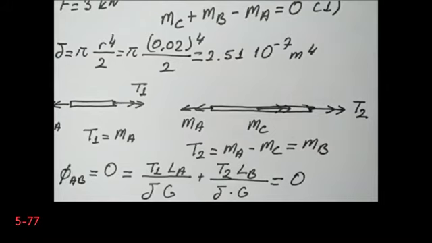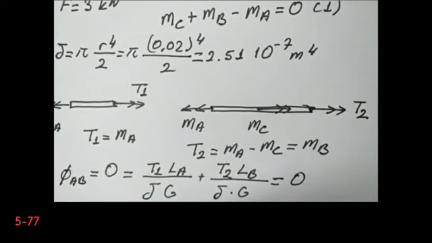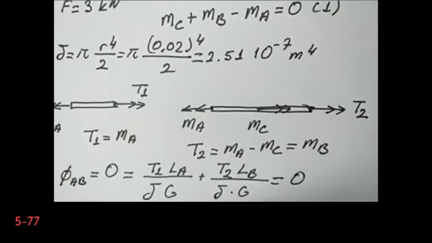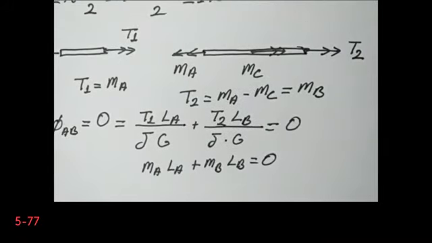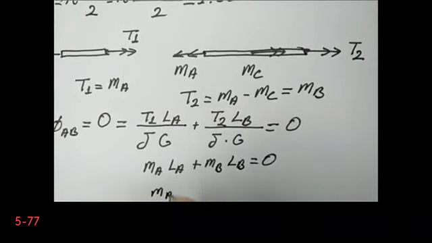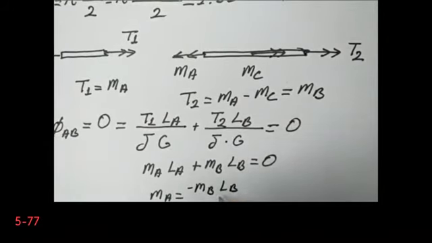So from here I can easily write that MA multiplied by LA plus MB multiplied by LB is equal to 0, and in fact I can say that MA is equal to minus MB multiplied by LB divided by LA.